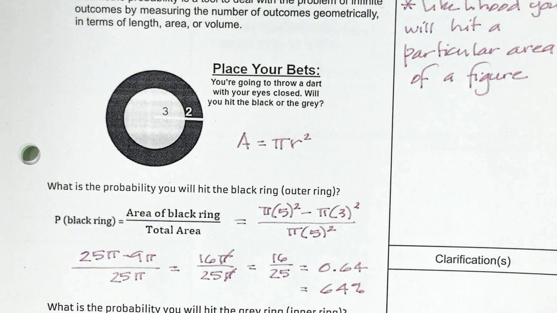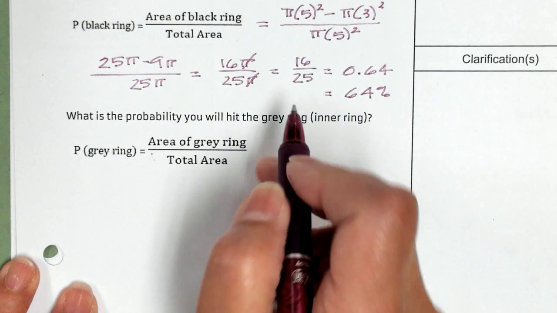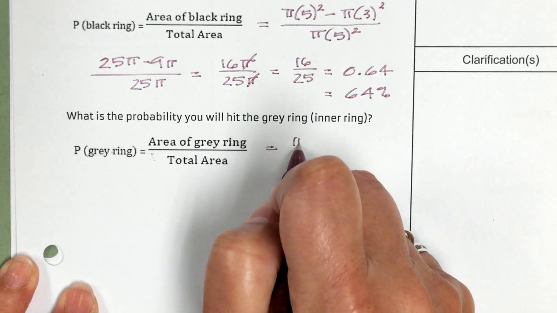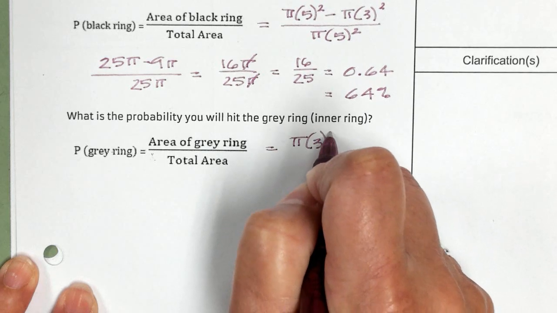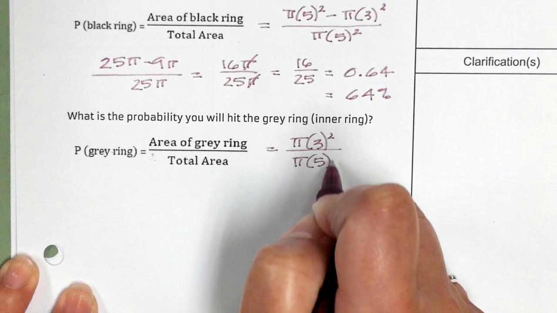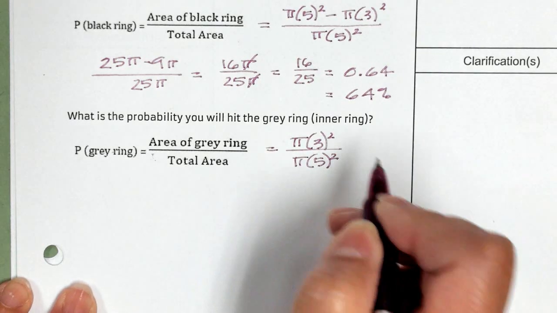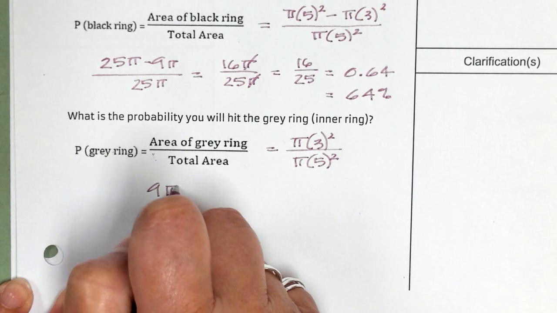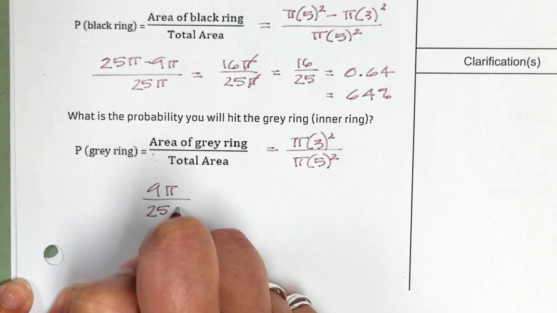The inner ring has a radius of 3. So we have pi times 3 squared divided by pi times 5 squared. This gives us 9 pi divided by 25 pi.